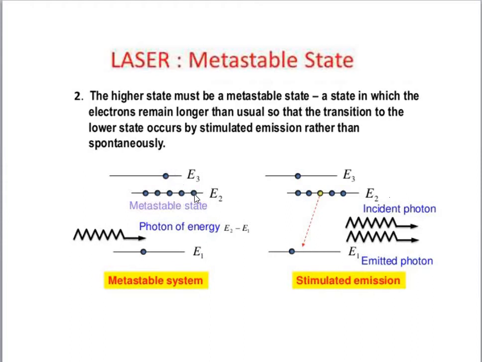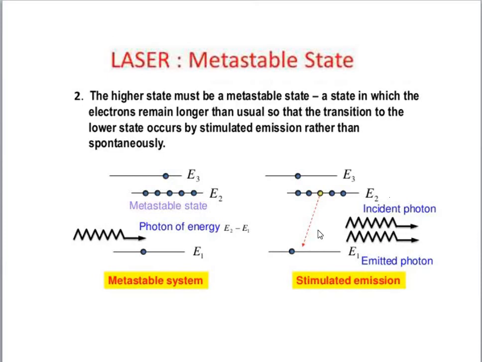So normally in this process, the transition from the metastable state to the ground state produces laser. Here the radiation coming in has an energy of E2 minus E1. As a result, these radiations are emitted.